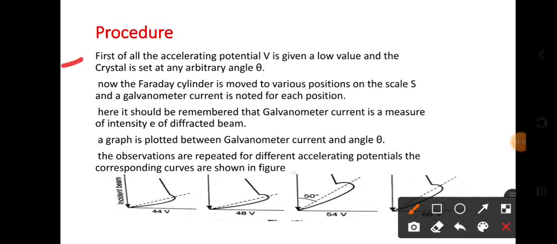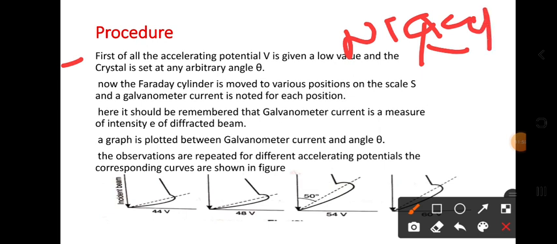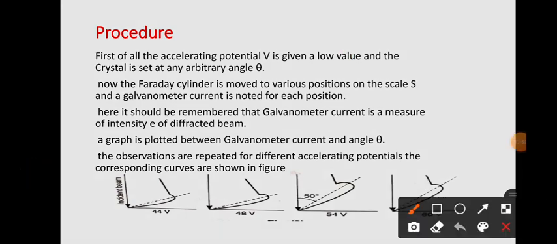First of all the accelerating potential is given a low value, and the crystal is set at any arbitrary angle. Crystal means which crystal? The nickel target is a single crystal. That single crystal is set at any angle.